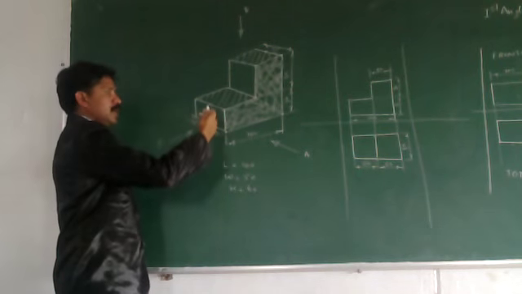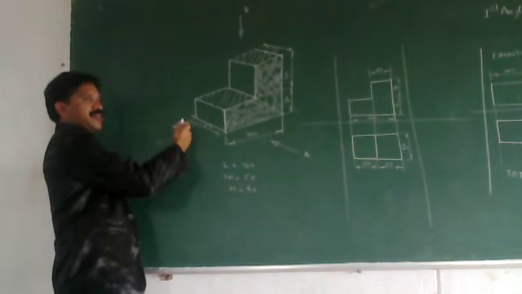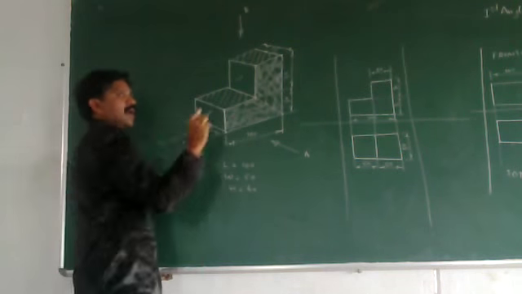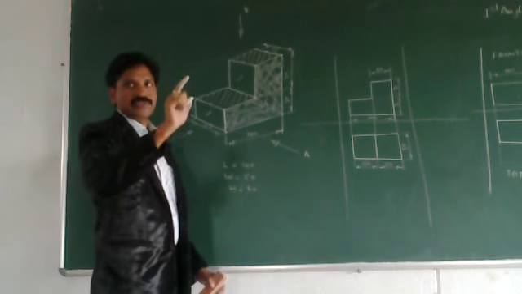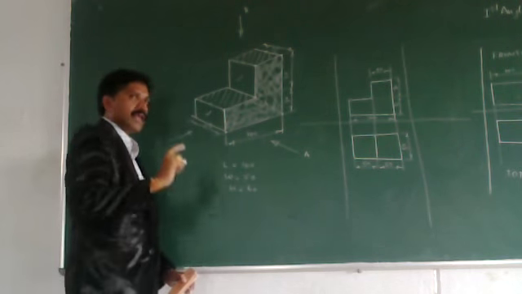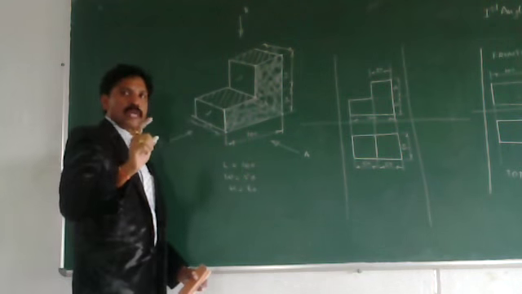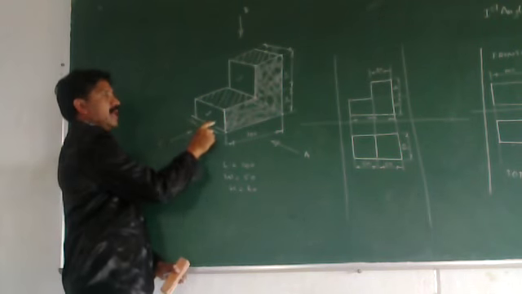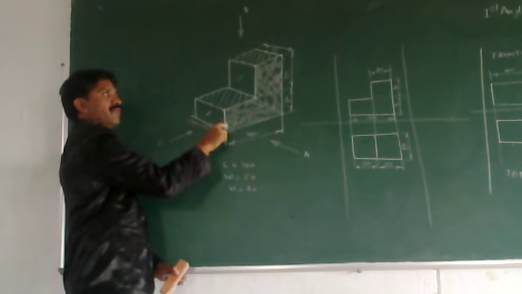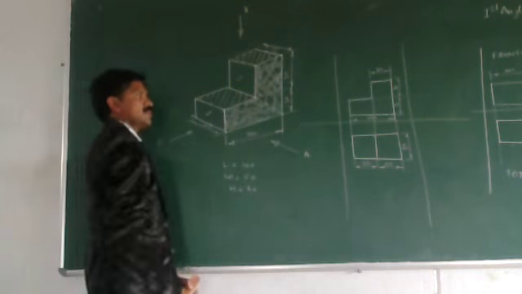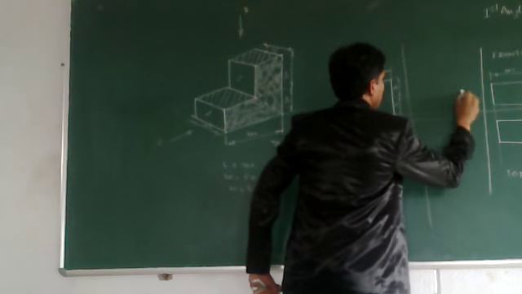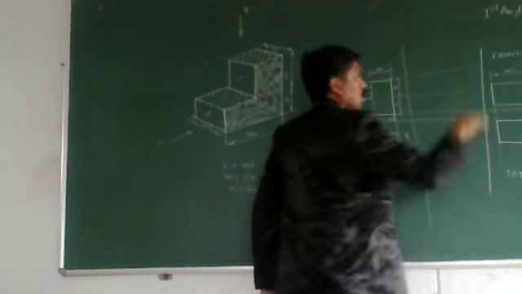And next, come to the side. When you observe from this direction, only this rectangle and this rectangle are visible from the left side direction. Why? Because in the left side view, the dimensions we observe are width and height. So the width is 50 and the height is 30. See this one. So simply project. This is 30 and this is also 30.